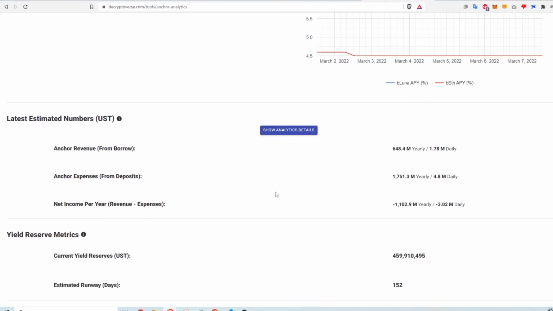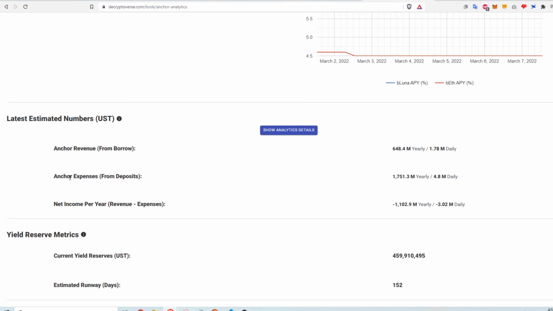Okay, so then this brings us to this section here where it automatically does those calculations I did in the Excel sheet. So these are the latest estimated numbers in UST based on the data from Anchor protocol. The revenue is calculated to be 648 million per year, which equates to 1.78 million UST daily.